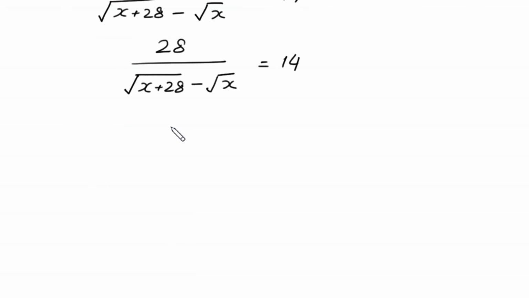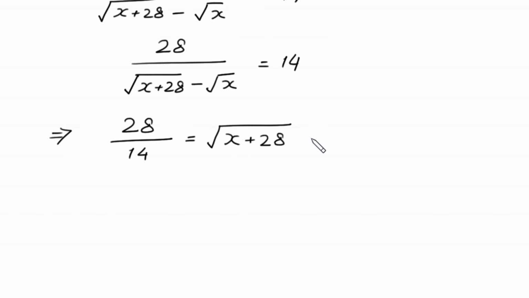Now if we divide both sides of this equation by 14 and multiply both sides by this expression, then this implies that 28 divided by 14 is equal to this expression square root of x plus 28 minus square root of x.